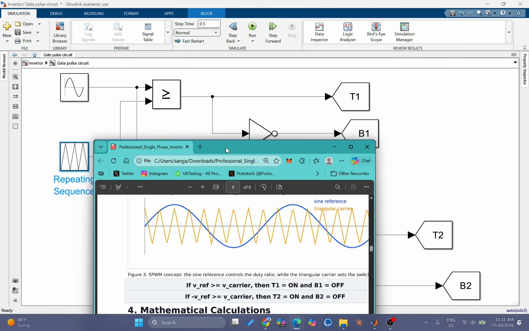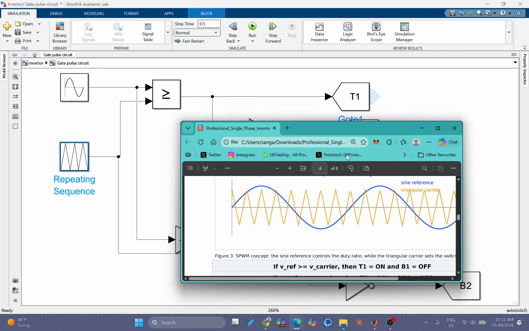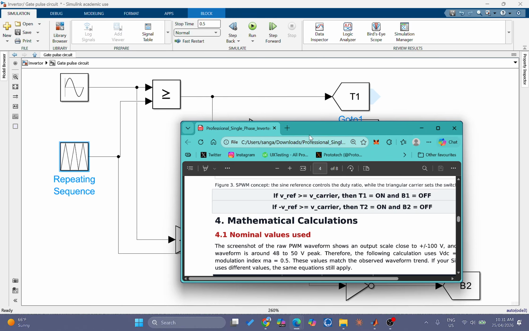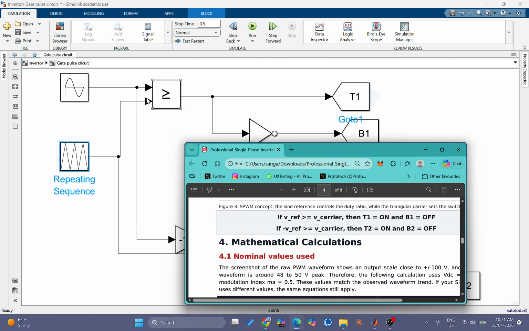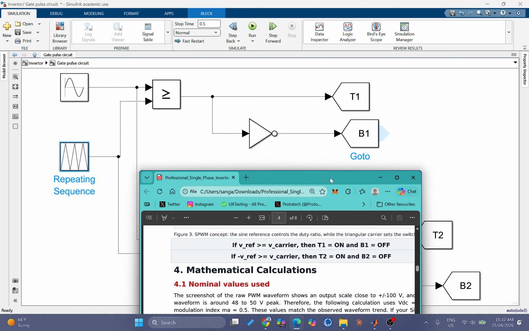Now, for the carrier, we can say that if V reference is greater than or equal to V carrier, then T1 will be turned on and B1 will be turned off.